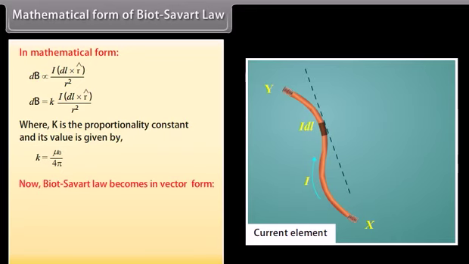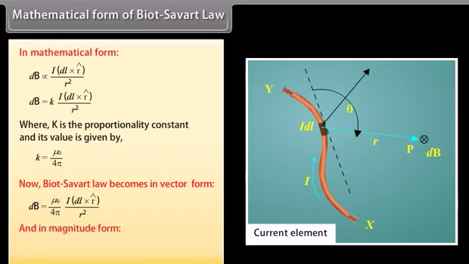Now the Biot-Savart law in vector form is given by dB equals mu naught upon 4 pi multiplied by I and cross product of dl and r cap divided by r square. And in magnitude form, dB is equal to mu naught upon 4 pi multiplied by I dl sine theta divided by r square.